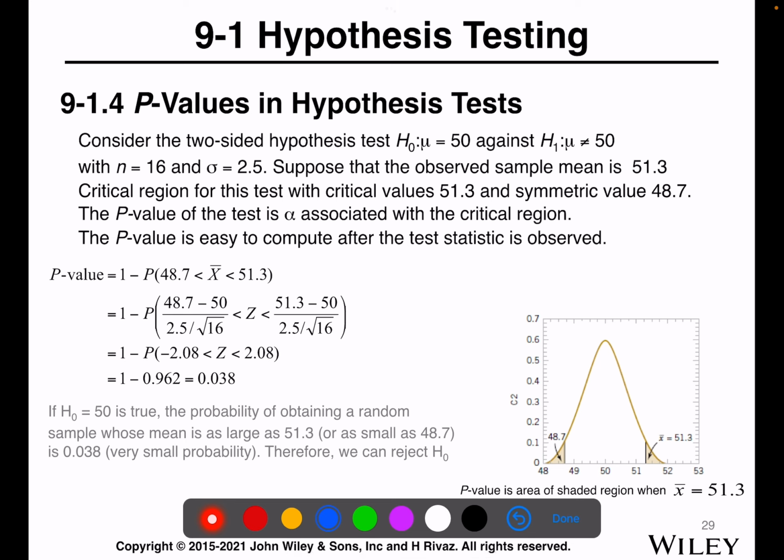So if H0 is true, the probability of obtaining a random sample whose mean is as large as 51.3 or as small as 48.7 is 0.038, right? And since this number is less than the convention, so the convention is 0.05, right? Since this is smaller than 0.05, therefore we can reject H0.